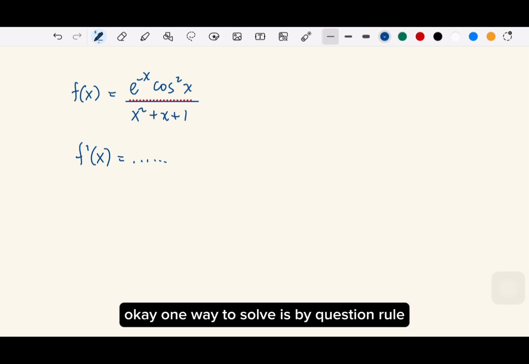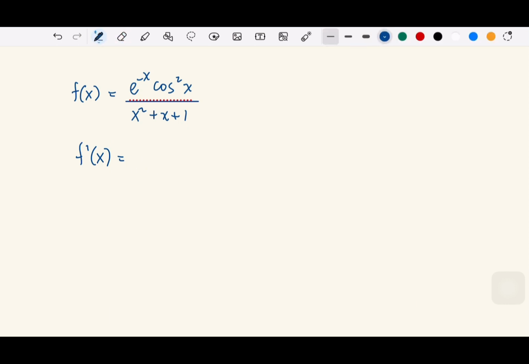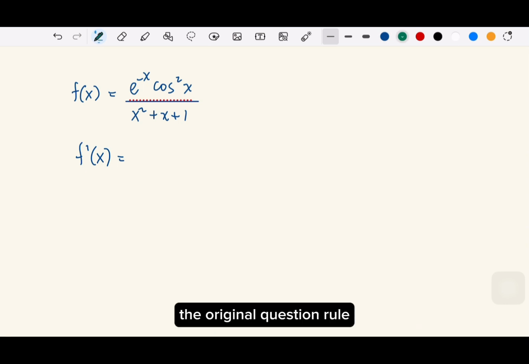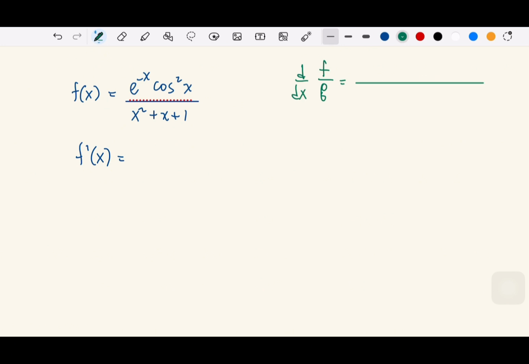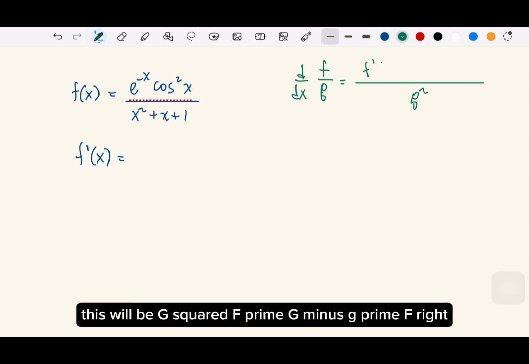Okay, one way to solve is by the quotient rule. So let me write the quotient rule for you. If you have f over g and you want to differentiate this, it will be g squared in the denominator, and f prime g minus g prime f in the numerator, right?